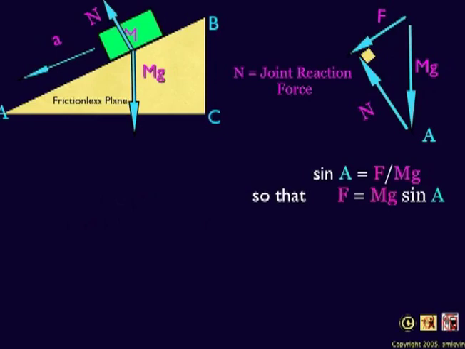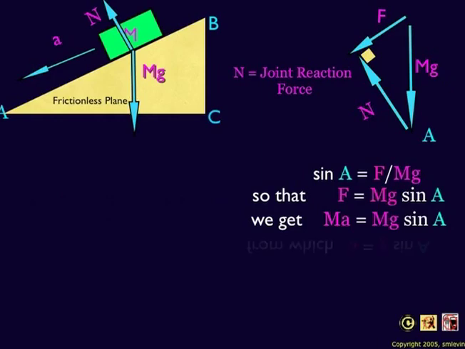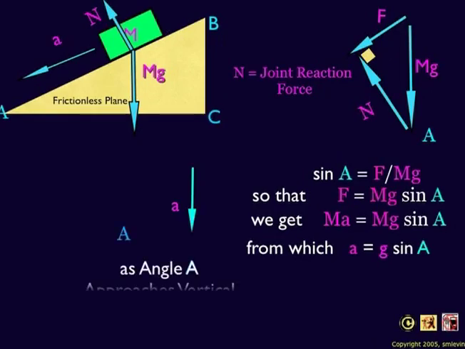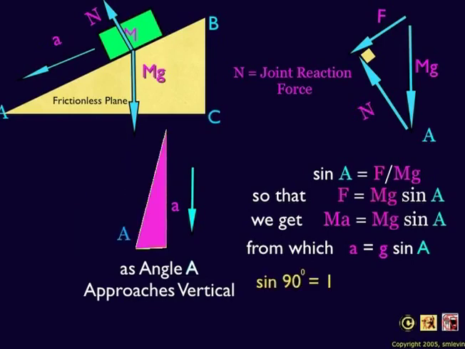The force pushing the mass down the slope is equal to the mass times the force of gravity times the sine of the angle A. From Newton's second law, F equals ma, which gives us acceleration equals gravity times the sine of A. As the angle A becomes vertical, the sine of 90 degrees equals 1, and a equals g.